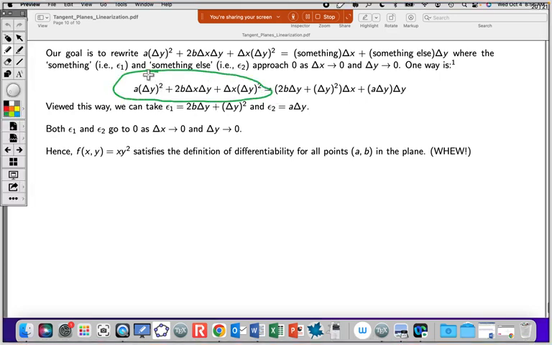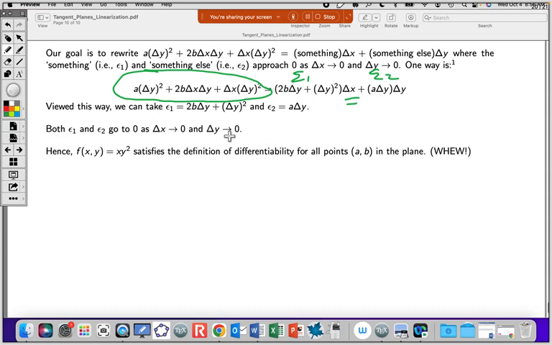Once again, that's our leftovers. I could factor a delta x out of these two things, and I could call that an epsilon 1, and notice epsilon 1 goes to 0 as delta x and delta y go to 0, and then I could just take the delta y out of this one and call that my epsilon 2. And both of these go to 0 as delta x and delta y go to 0.